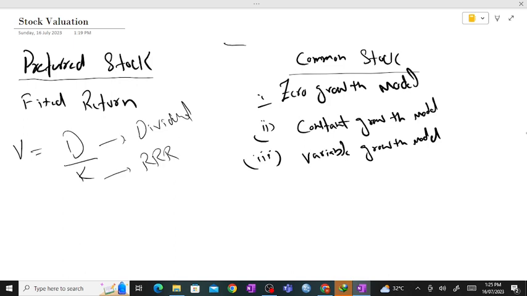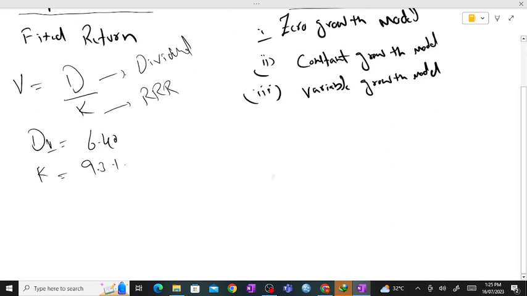Company is offering a dividend of 6.40, with a required rate of return K of 9.3%. In the next year, if the required rate of return changes from 9.3% to 10.5%, what will be the valuation of the preferred stock?